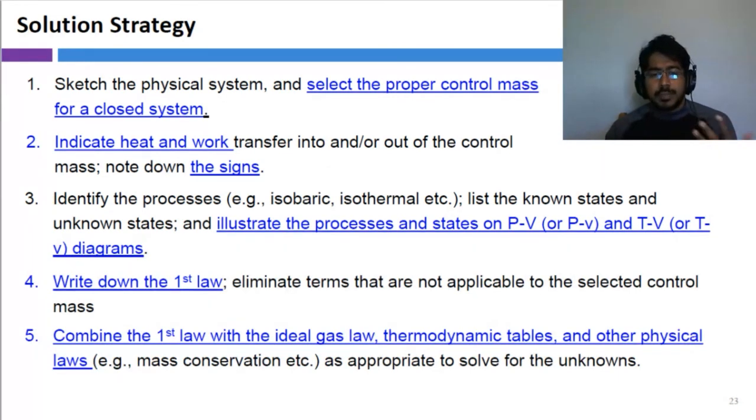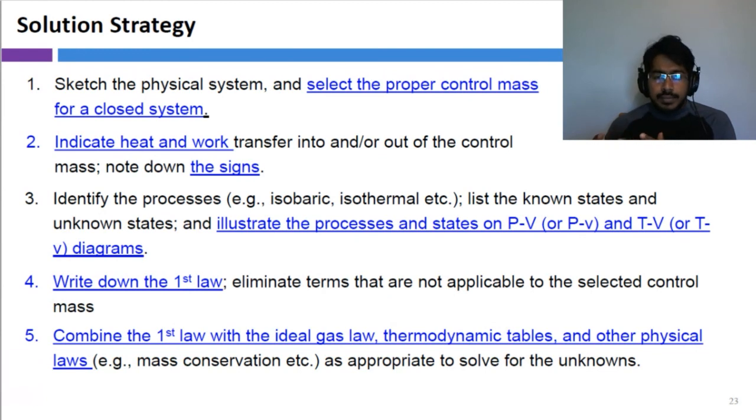I would personally start with a PV diagram for any question up to this point. Unless specifically asked to use a TV diagram, I will use a PV diagram. Why? Because the area covered by a given curve in the PV diagram has a meaning for what we have learned so far. It is the work done during a process.